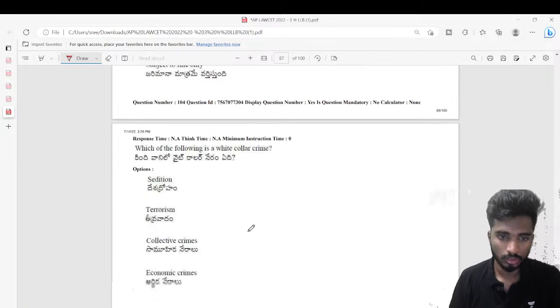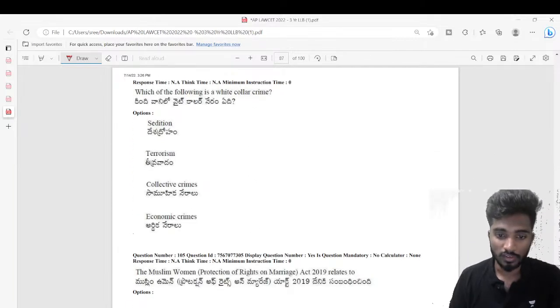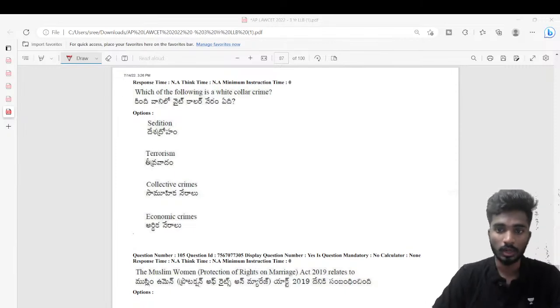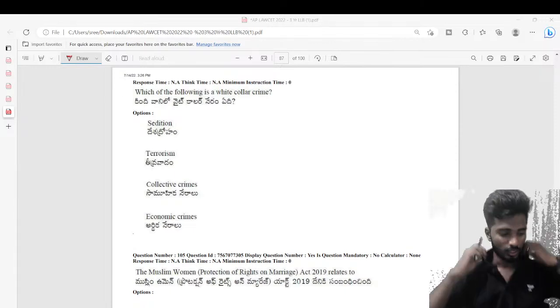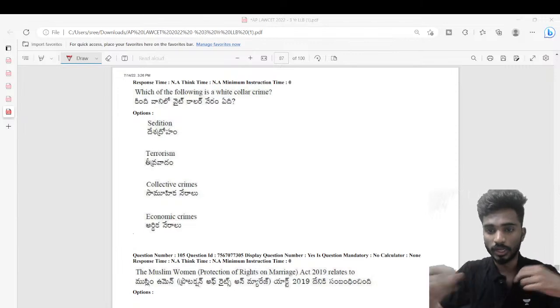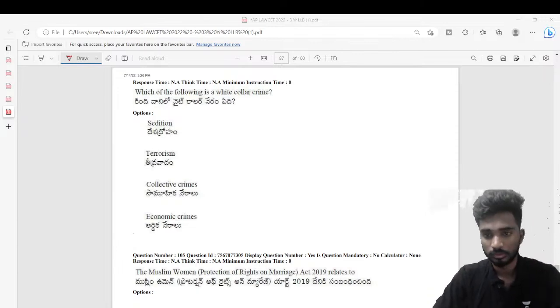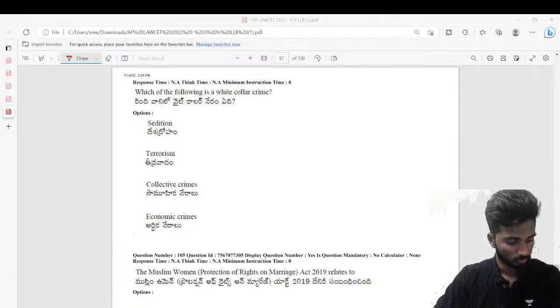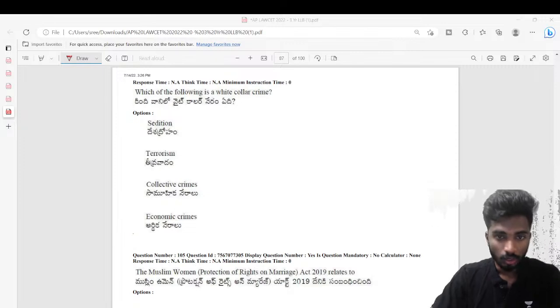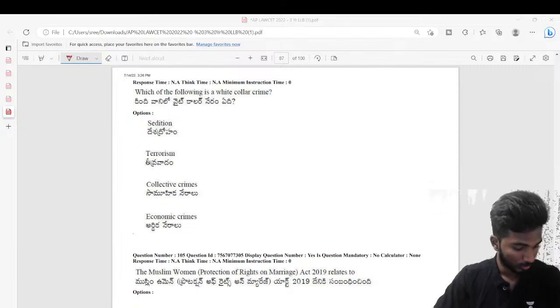Question. Which of the following is a white collar crime? క్రింది వాటిలో white collar crime attend. So I have a black collar. Let us see what is a white collar crime. Different answers.